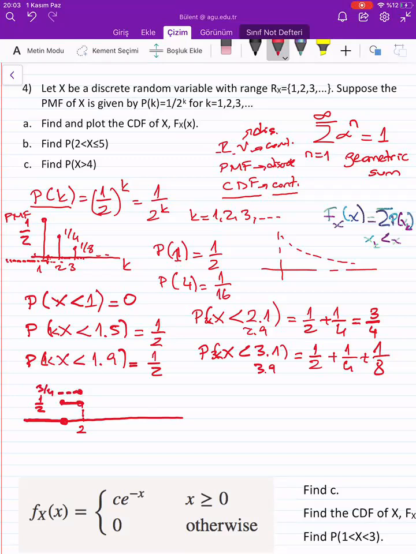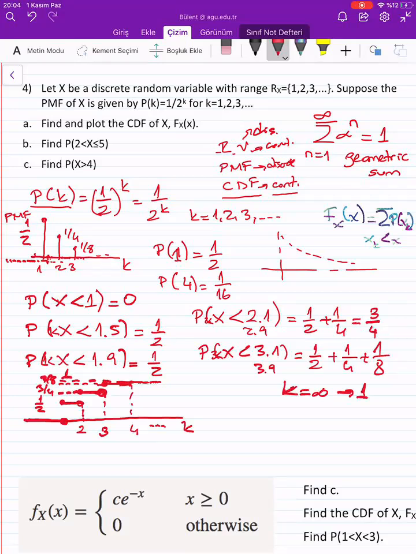Now I have this, and then until 3, I don't have a value here, but at 3, it is 3/4 plus 1/8, which is 7/8. Okay, 7/8. It goes like that until 4, and so on. The final value when k is infinity converges to 1. So if we increase k, the final value will be equal to 1, right?